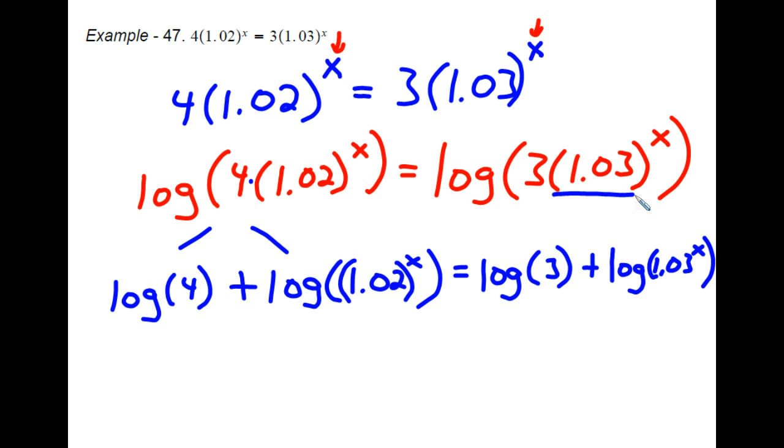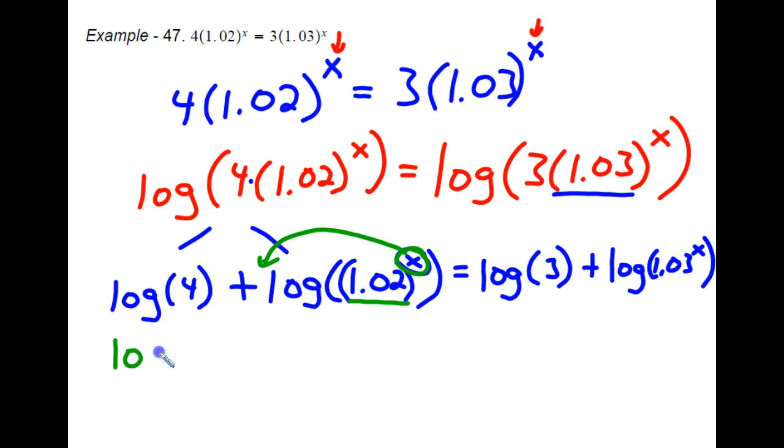parentheses around the 1.03. Now I can use the power rule to bring this exponent of x down to the front of just that logarithm. It doesn't go in front of the logarithm with the 4. It only goes in front of the logarithm with the 1.02. And I can get away with that because now everything here is being raised to that power.